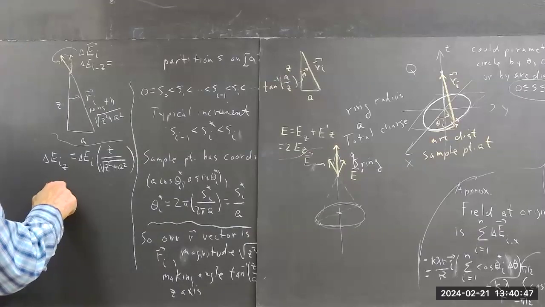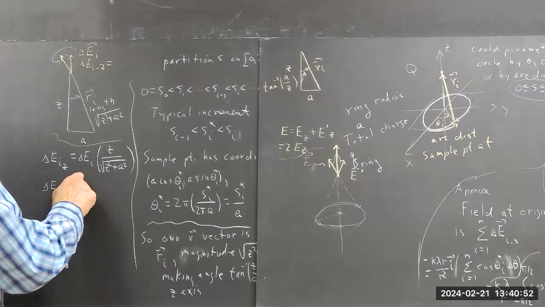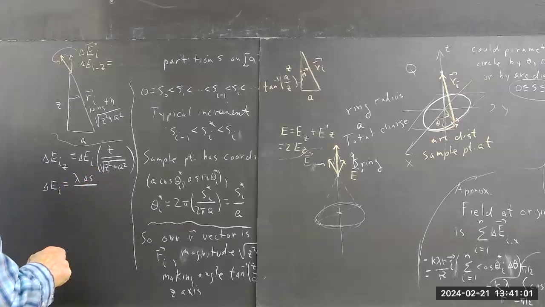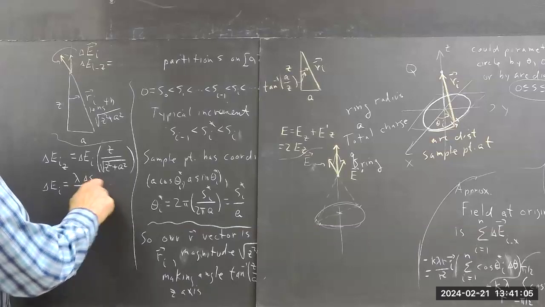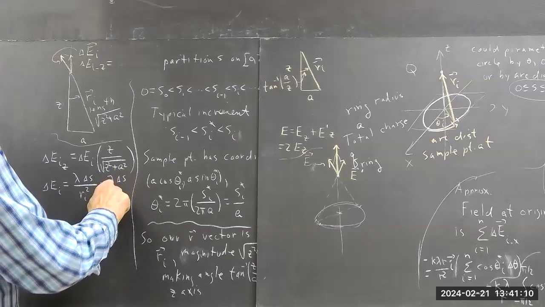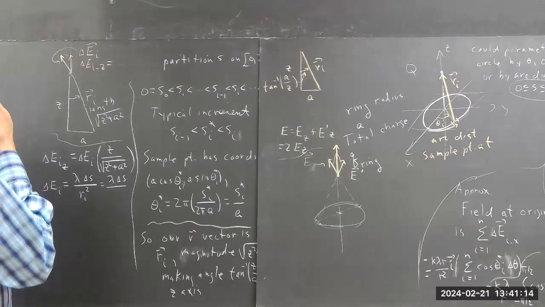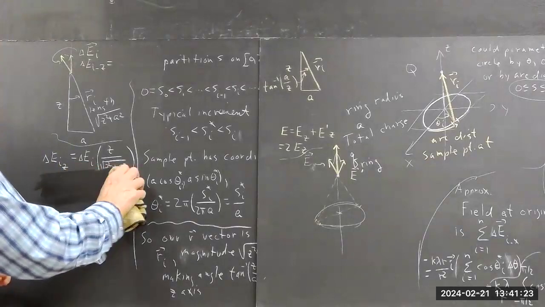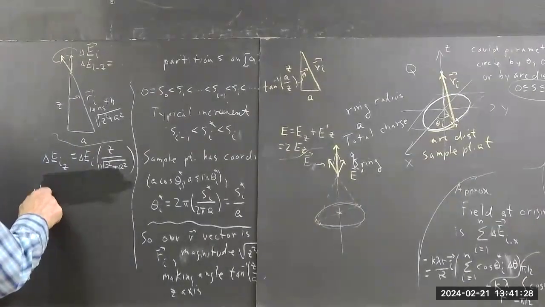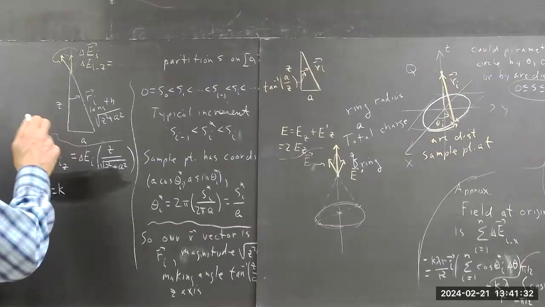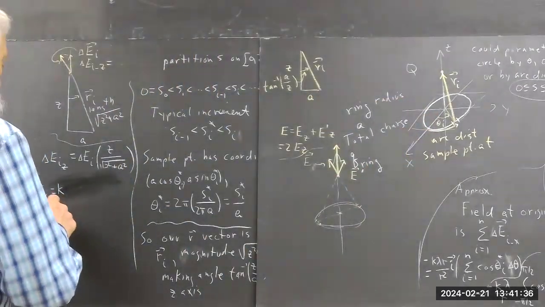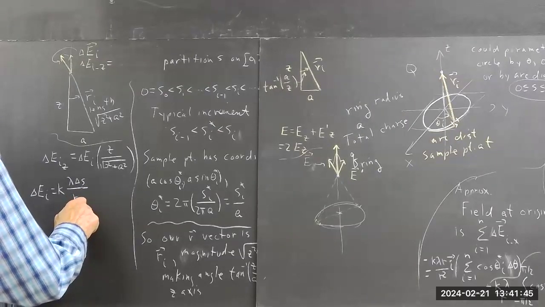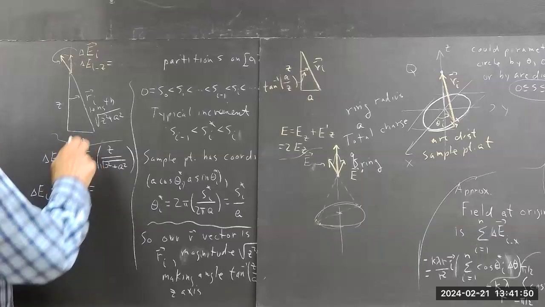And delta E i is what? Delta E i is K times the charge you have within the increment, which is lambda delta s, over R i squared, R i being the length of this vector.